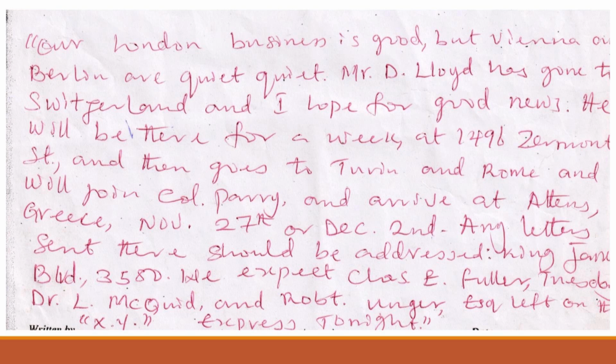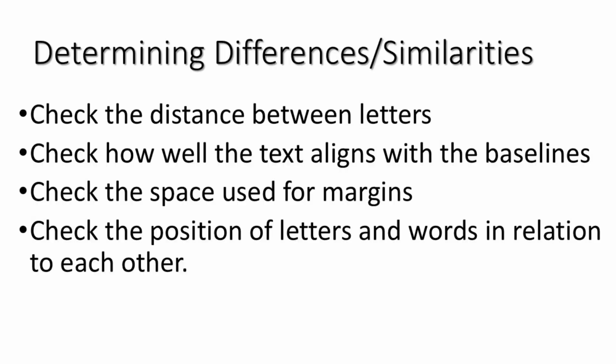How do we analyze spatial relationship in any handwriting? What we do is look for similarities or differences in spacing, in alignment, and placement to determine if the documents were written by the same person.